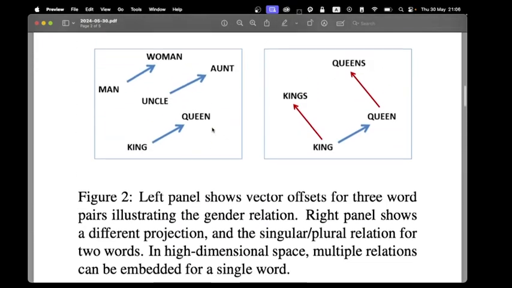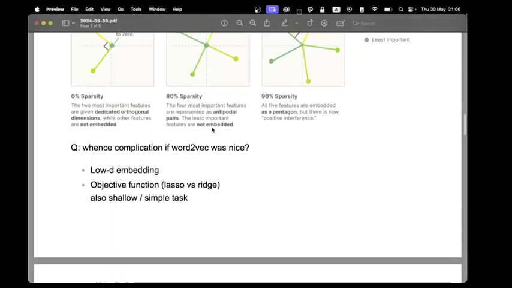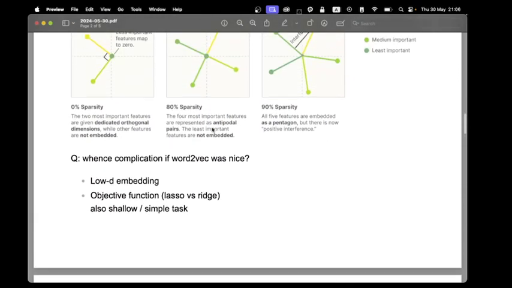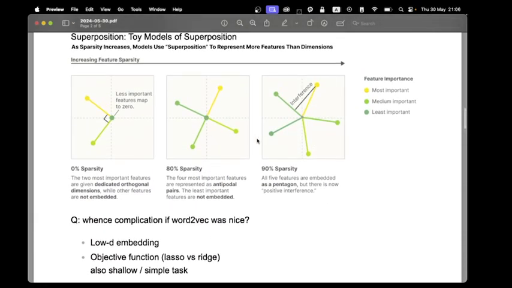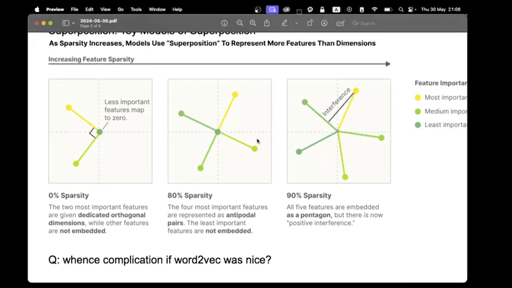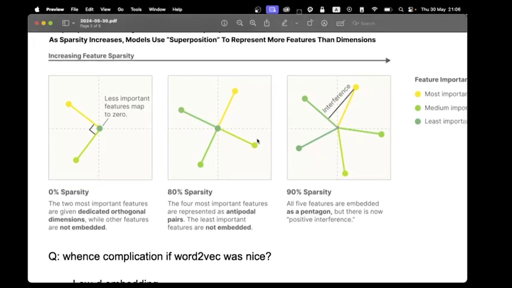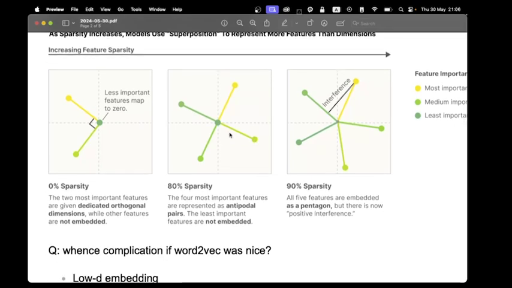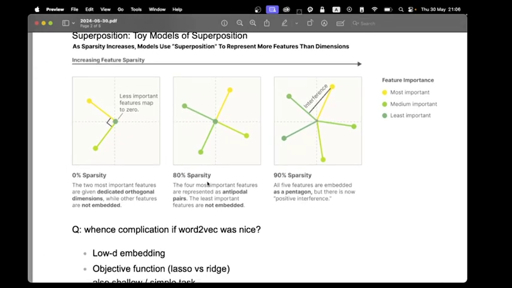Okay, so two premises: continuous state space and superposition. What is sparsity here? What do these percentages mean? Do you understand?